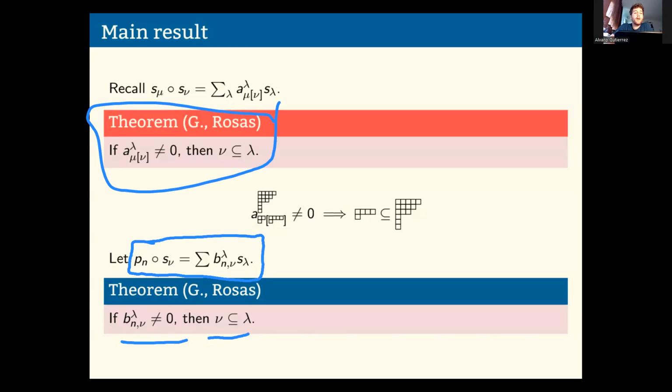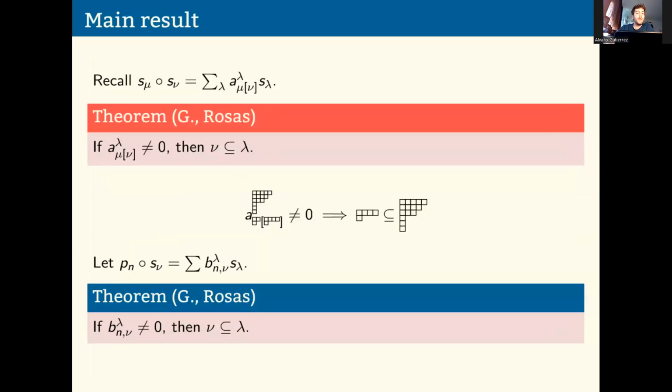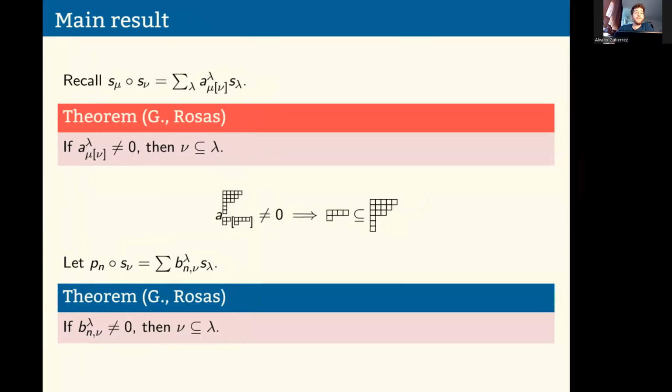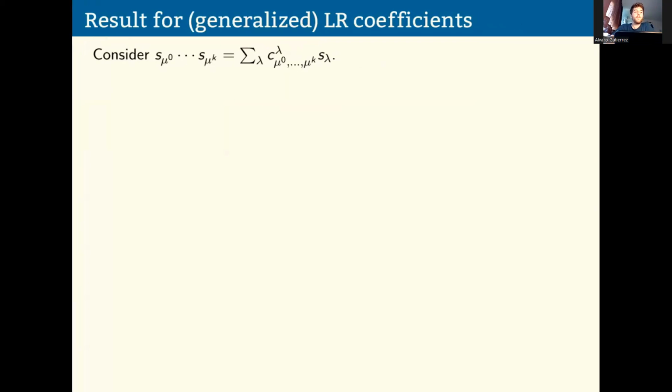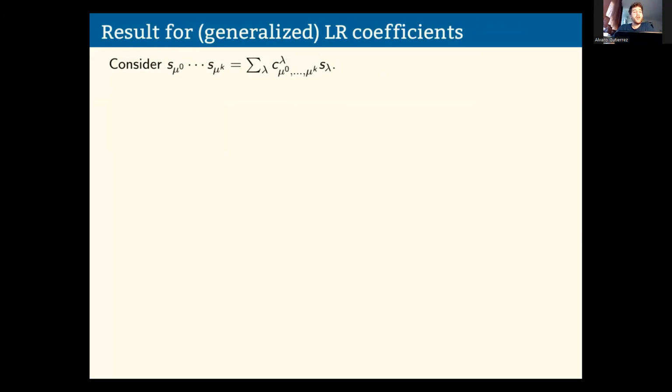So it's a very similar statement for a different question. And finally, we had another result that involves these Littlewood-Richardson coefficients, but generalized. So imagine the product of many Schur functions, k Schur functions. In the beginning, we had a tree that was like this. Whoops.